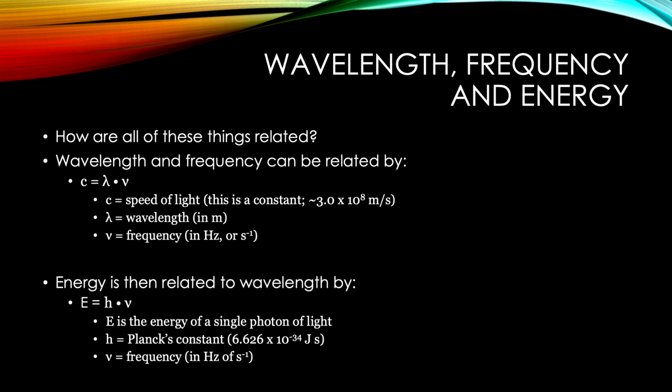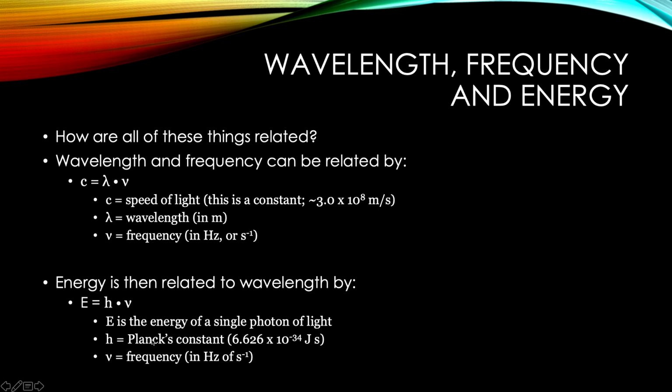Even though light has wave-like properties, as you'll talk about more in lecture, it also has particle-like behavior, which is one of the things that makes light very unique, but also useful because it relates to how we think of electrons and their behavior. When we're talking about a single photon of light, we can use this equation to figure out the energy of that photon if we know its frequency. Likewise, if we know the energy, we can find the frequency, since h is just a constant value: Planck's constant, 6.626 times 10 to the minus 34th joule seconds.